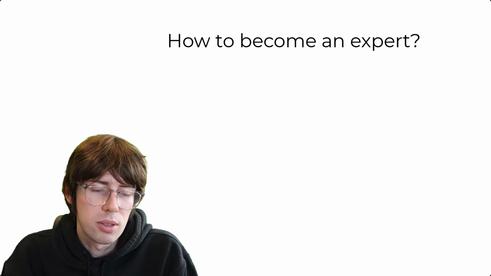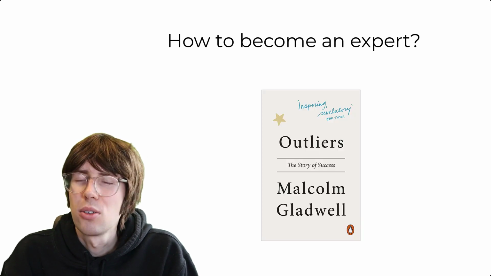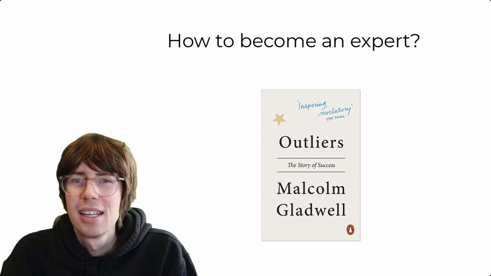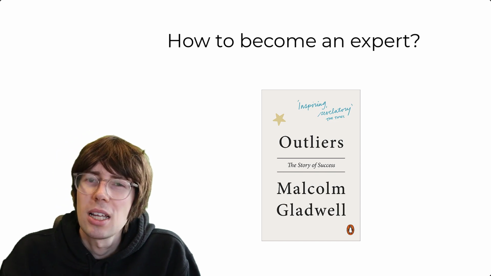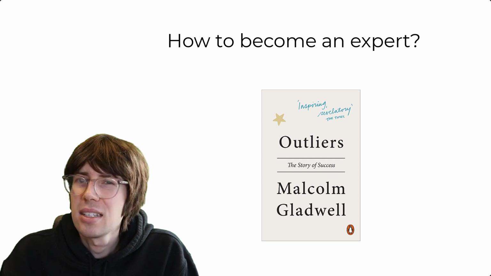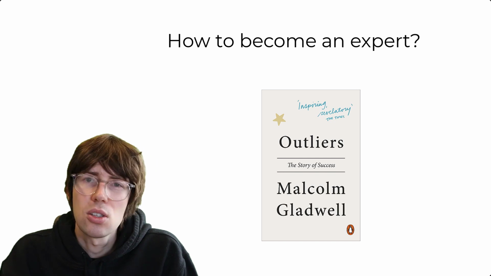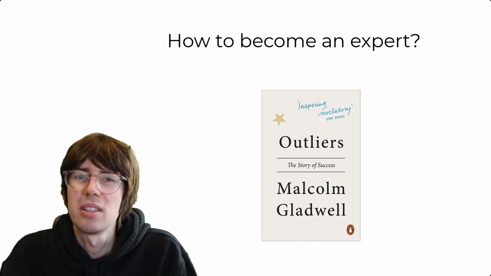So what makes someone an expert? I think a good book to start with is Malcolm Gladwell's book, Outliers. I don't think I have that book with me here today, but I think it came out in 2008, if I remember correctly. That book goes through different case studies and gives examples of the best and brightest in different disciplines.